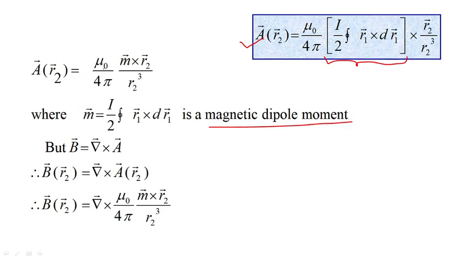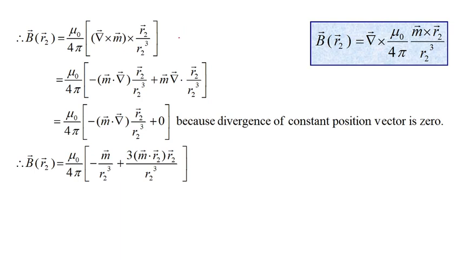So now what we get here is the vector potential, and once you know the vector potential, we can find out the magnetic field, the curl of vector potential. So we write it like this: B equals del cross this. We can simplify further. Again, this triple product we can find out. Then in this case, del dot r2: this is a position vector, but a constant position vector.